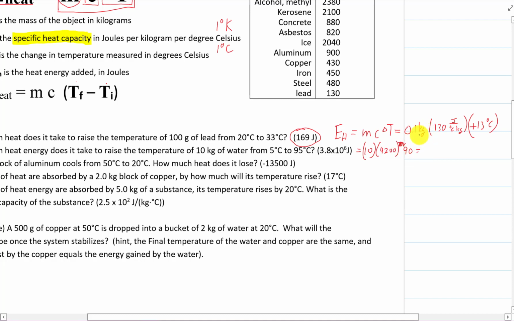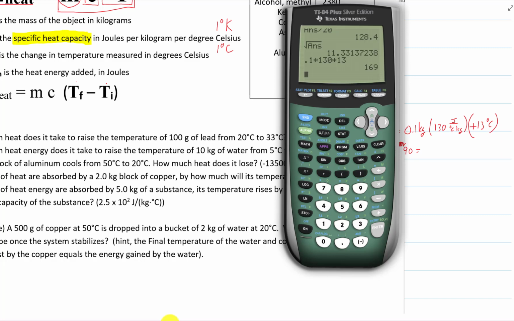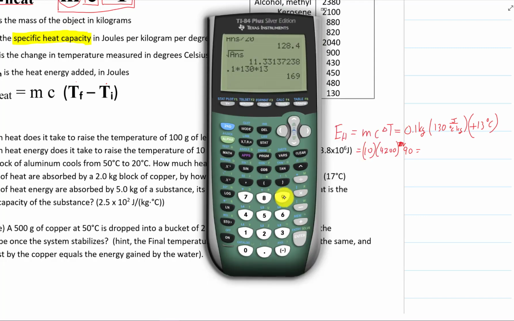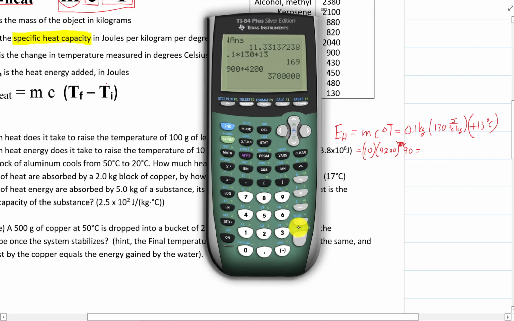Okay, and so Mr. Calculator will do 900 times 4,200, and that gives us 3,780,000 joules. Or we can go 3.78 megajoules.